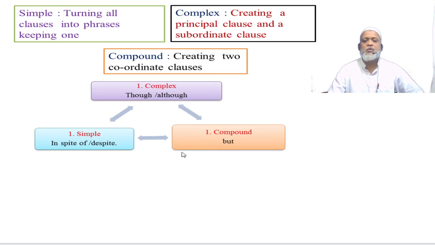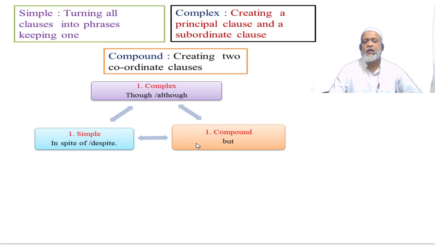Look at the whiteboard and see here is a chain: complex, compound and simple. Here are "though", "although", "in spite of" and "but". This is the chain.